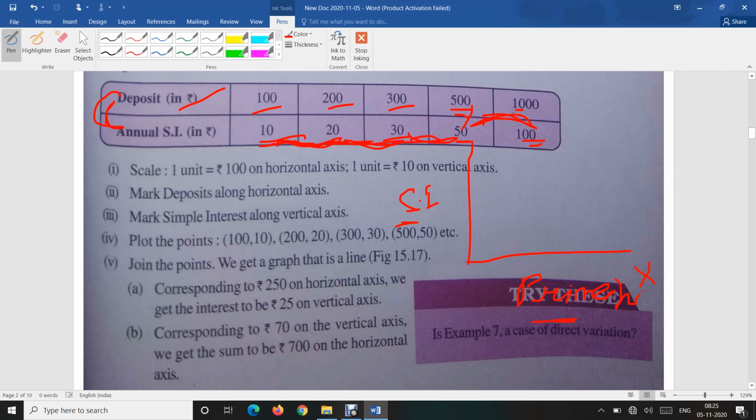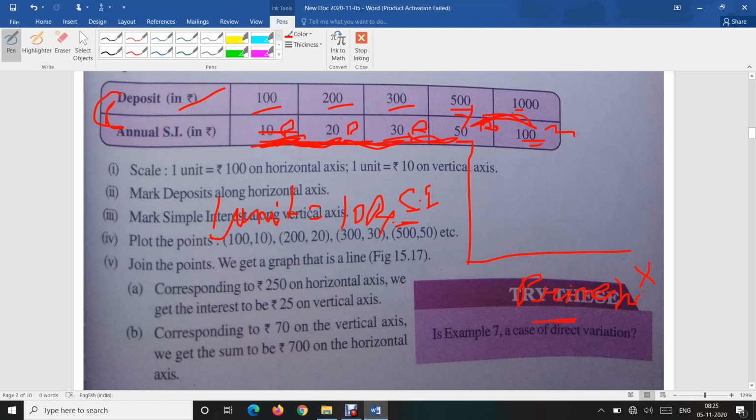So you have to choose a scale as 1 unit is equal to 10 rupees, because these are 10 rupees, 20 rupees, 30 rupees, 50 rupees and 100 rupees.